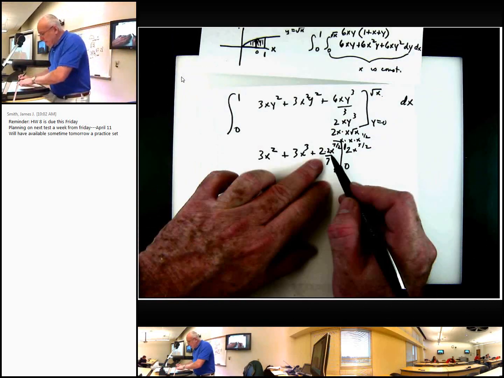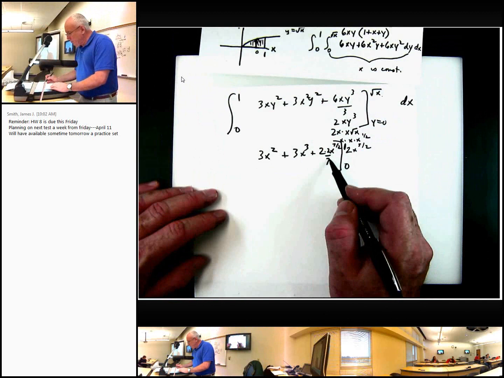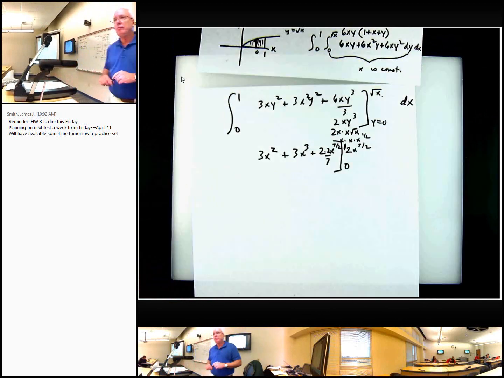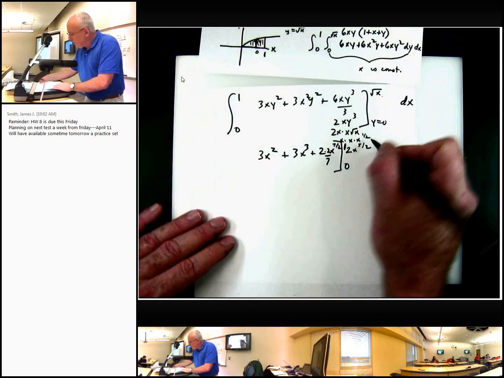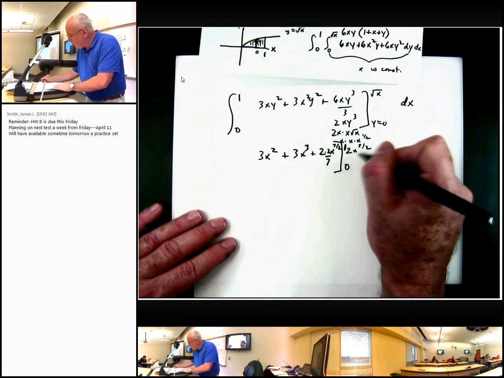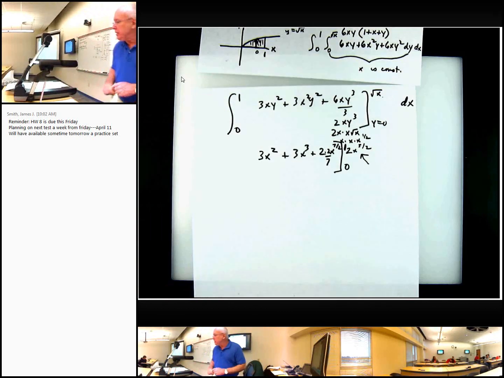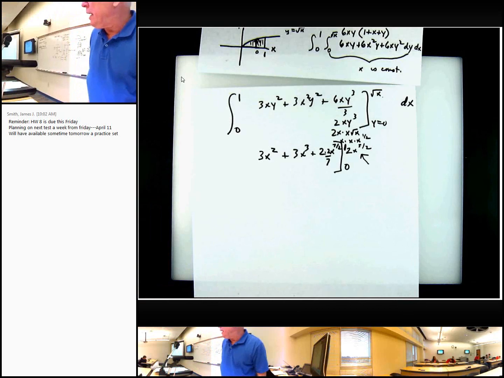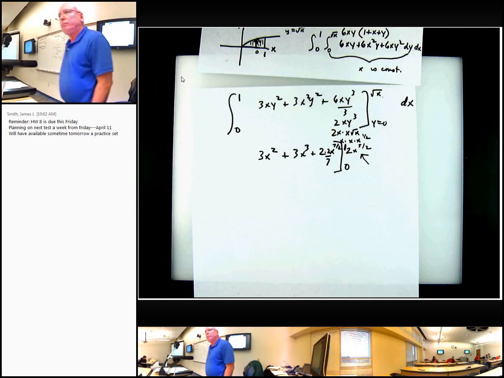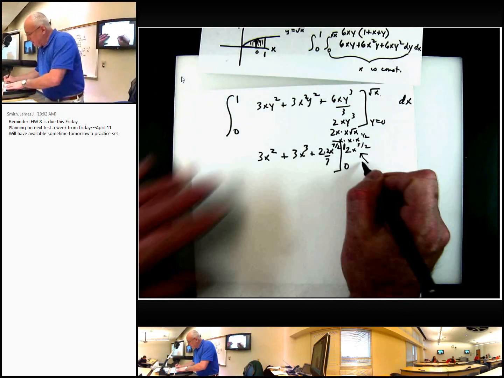The last term here is 2 times 2 over 7 times x to the 7/2. Basically, I've simplified, I'm getting the antiderivative of 2x to the 5/2 power. So that gives me this right here.